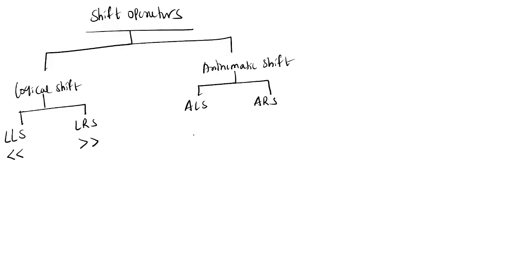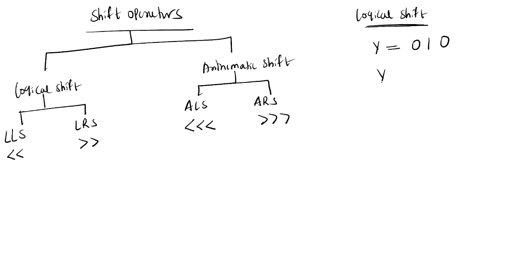Arithmetic left shift means 3 less than, arithmetic right shift means 3 greater than. We'll see one example. First we'll see with the logical shift. Let us take y equal to, suppose, 010 if you consider.